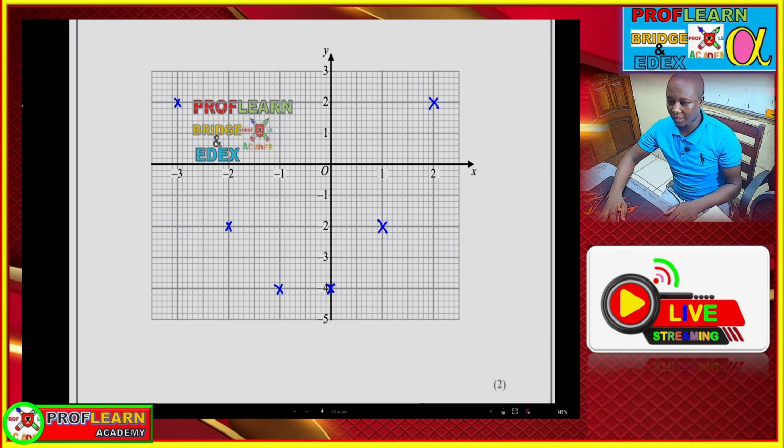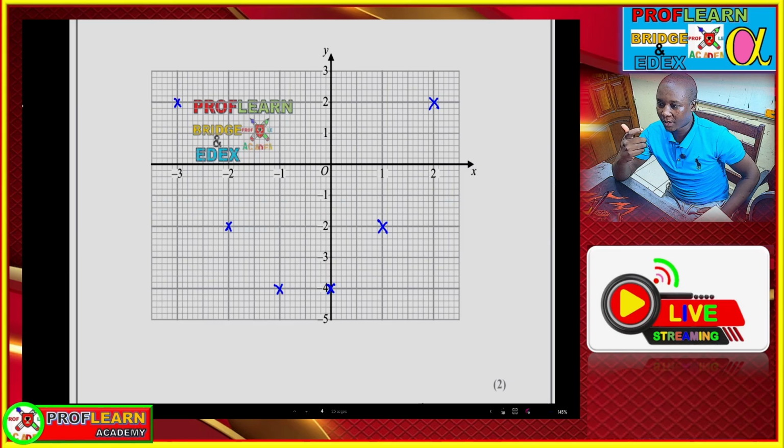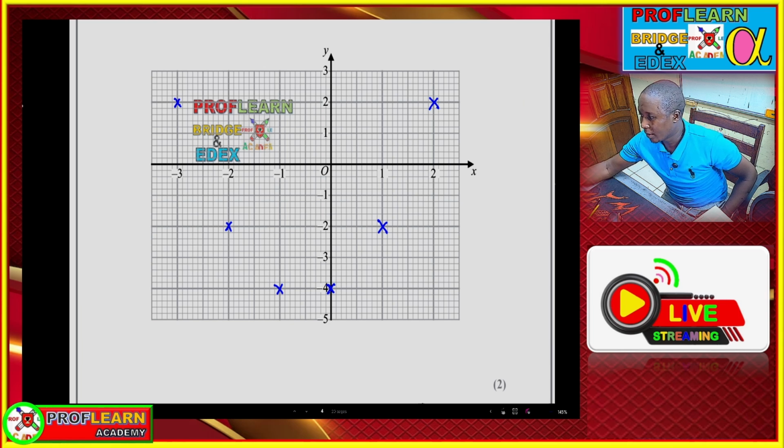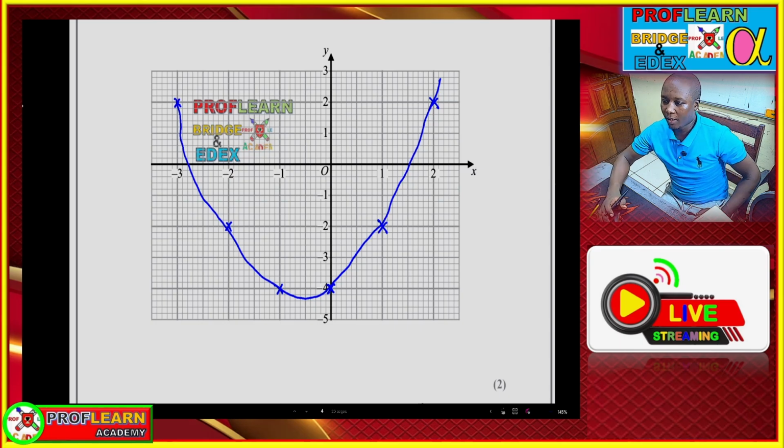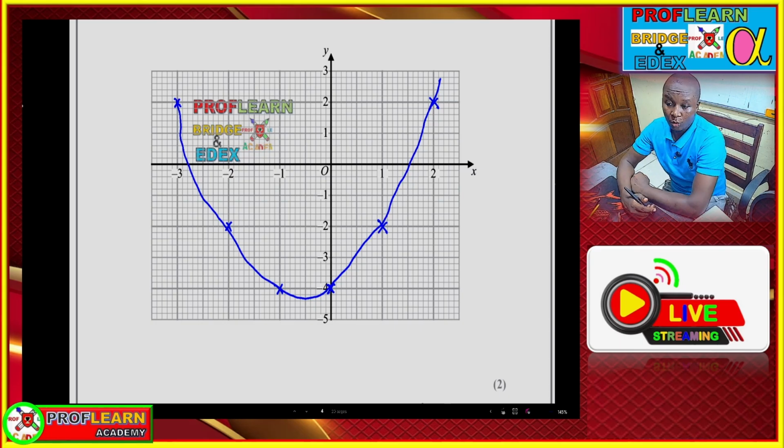Once you have plotted the points clearly, the next step is to ensure that your curve is very well and smoothly drawn. Let me just try to see if I can use this software and draw my curve to be a smooth curve like that. But I know you can do better than this, because I'm drawing this on my computer.